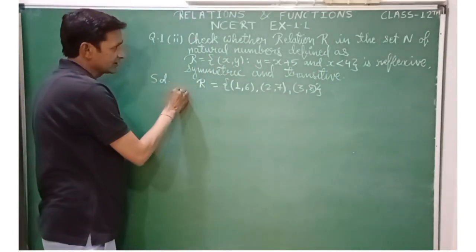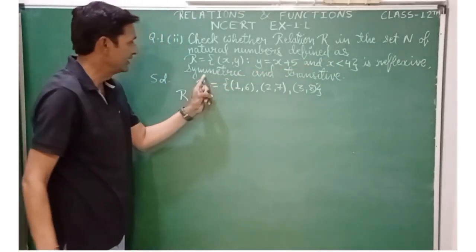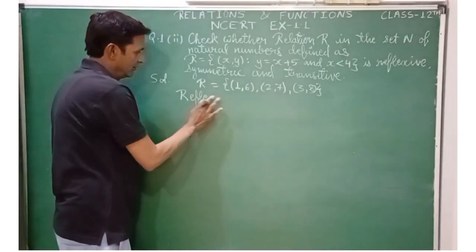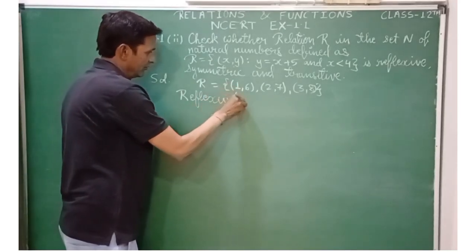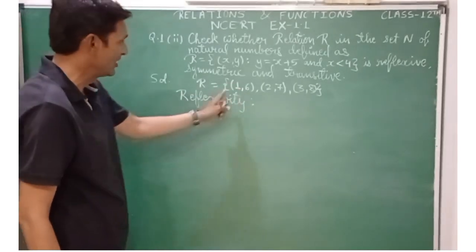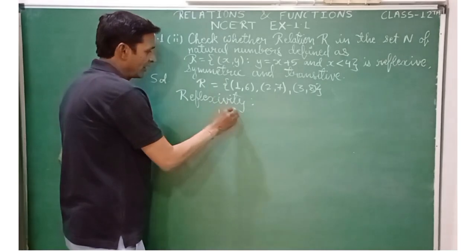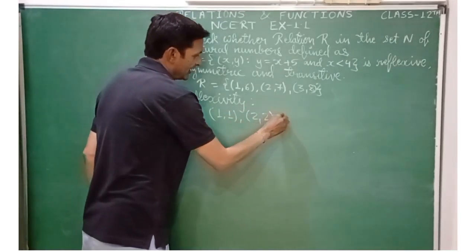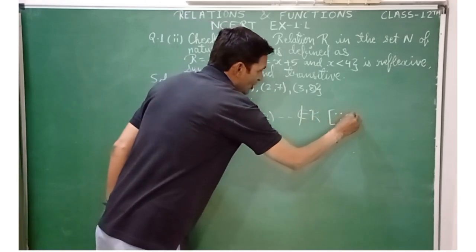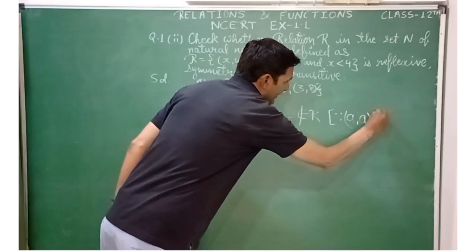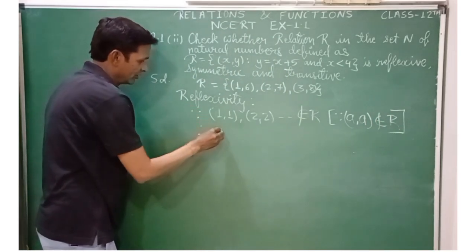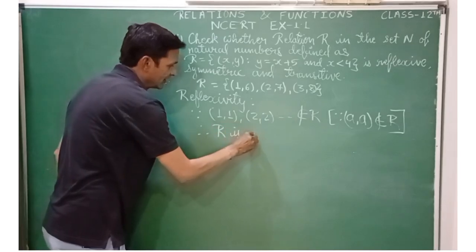After that, let us check the reflexivity, symmetry and transitivity. So I am checking reflexivity first. In reflexivity we have to check the same elements in both places: (1, 1), (2, 2), (3, 3); (4, 4) is not there. (1, 1), (2, 2) and so on are not elements of the relation. Because (a, a) is not an element of R, we can say that R is not reflexive.